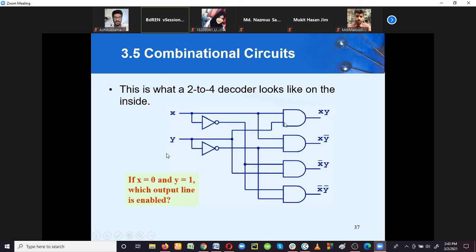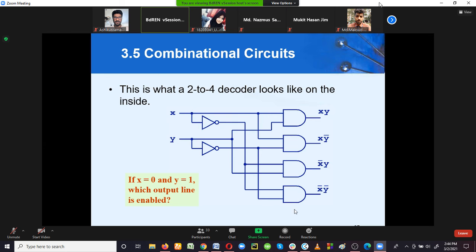For the second AND gate, one input is X and the other input is Y not. For the third AND gate, one input is X not and the other is Y. For the fourth AND gate, the first input is X not and the second input is Y not.